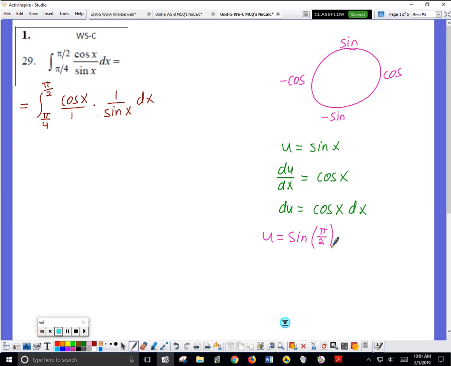I didn't pick 1 over sine of x because I know that derivative will be pretty messy. But if I pick this alone, the derivative is cosine. That's a really good fit. Does that help? Two points. So look, pi over 2, simple. The top, sine is the up and down, so that's 1.